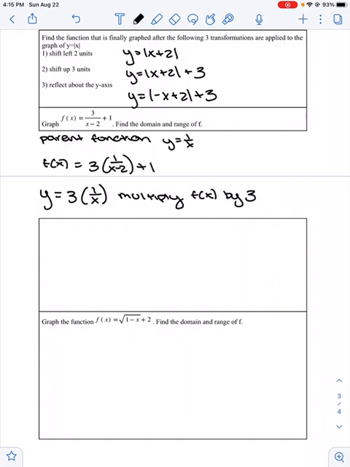Then if we had the x minus 2 in the bottom, so y equals 3 times 1 over x minus 2, that minus 2 in the bottom actually shifts this right 2 units. And then lastly, our plus 1. That plus 1 moves up 1 unit.